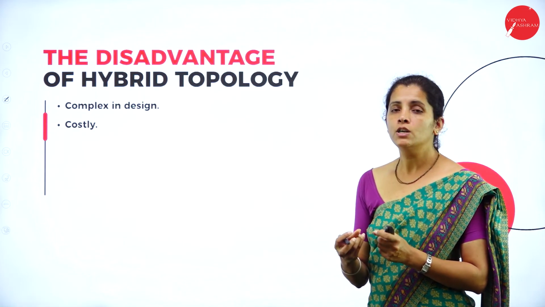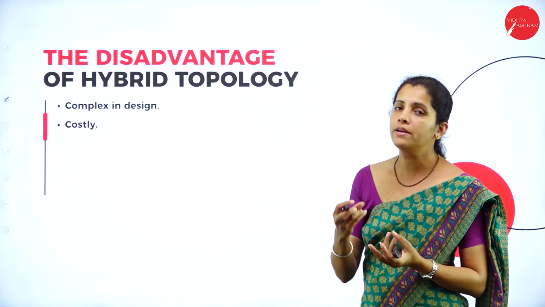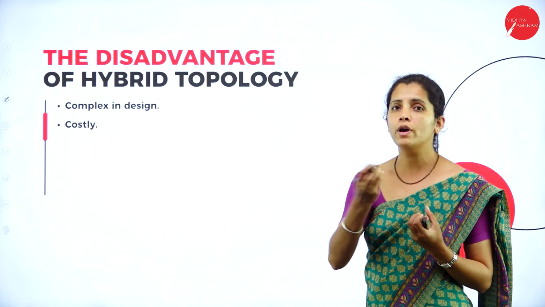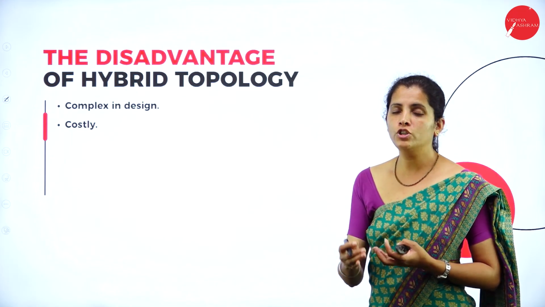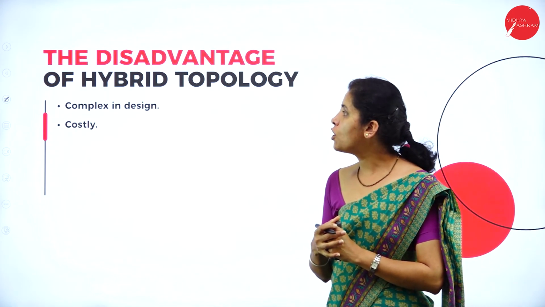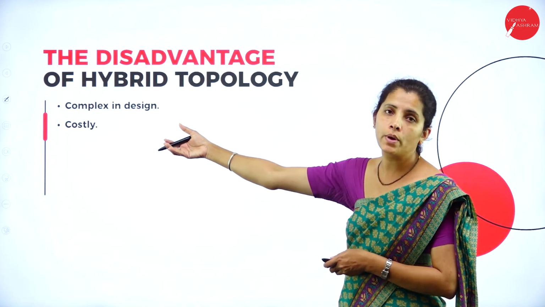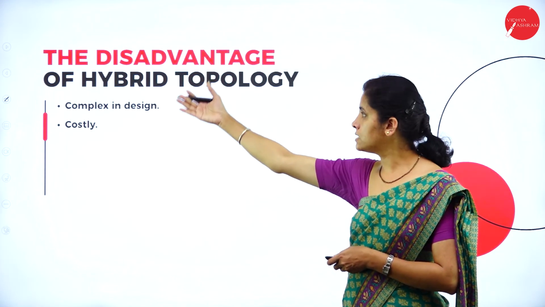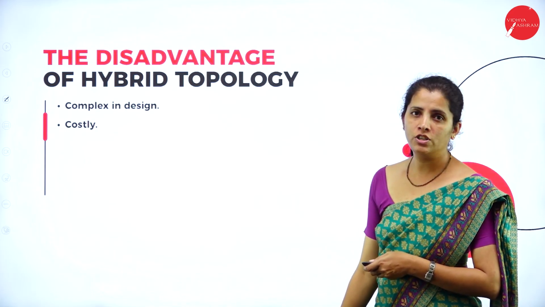In the sense, to design hybrid topology is very difficult, because here we are going to combine two or more topologies together to form the hybrid topology. So, complex in design and it is very costly. These are some of the disadvantages of hybrid topology.